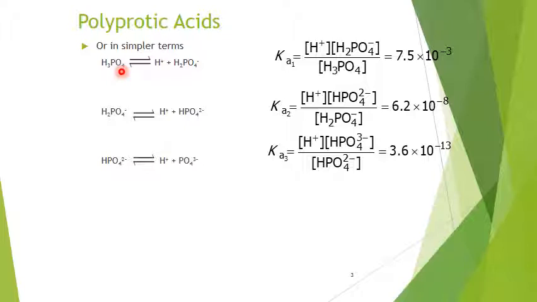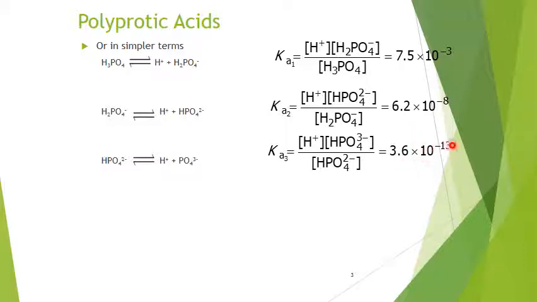Okay. Now if we go down here, this guy, 10 to the minus eighth, is about 1 in a billion. And so that means 1 out of a billion of these guys was split into this pair.